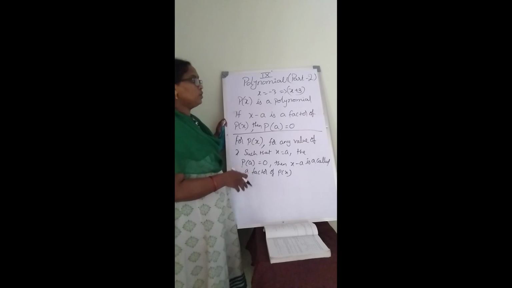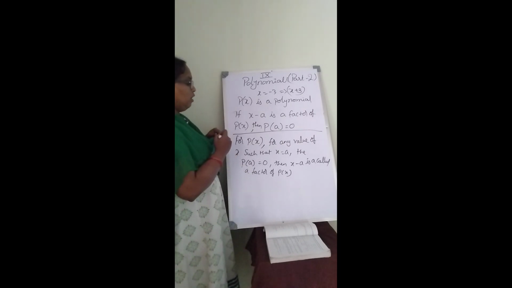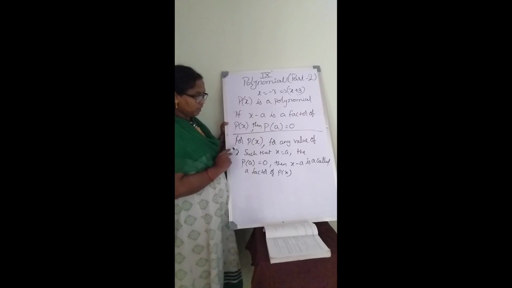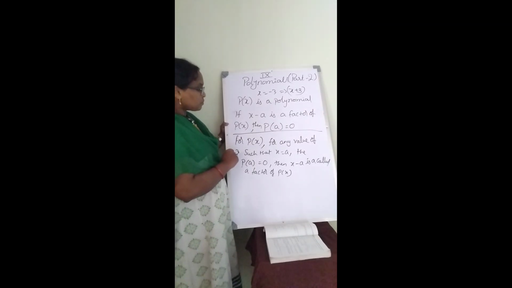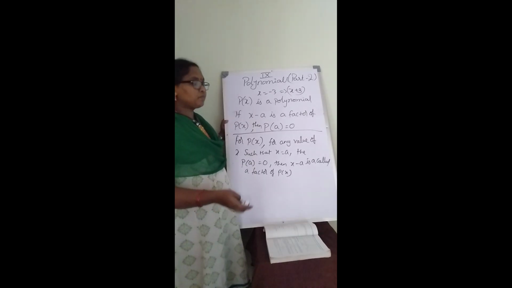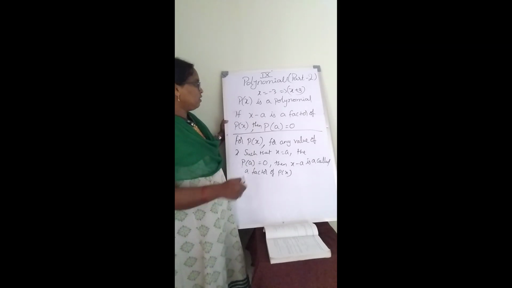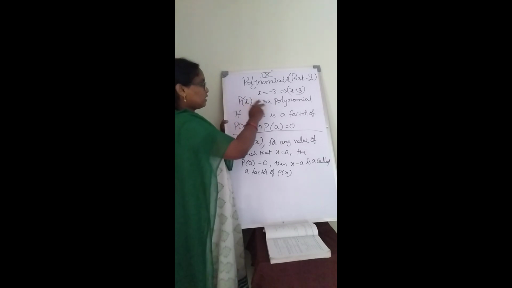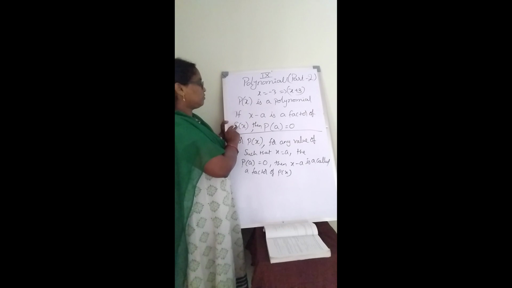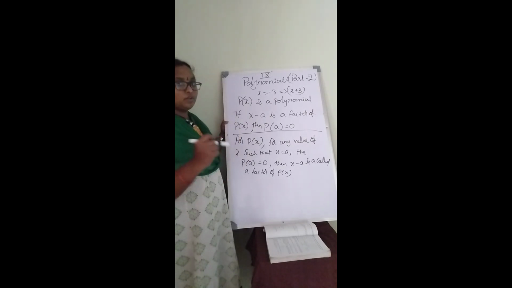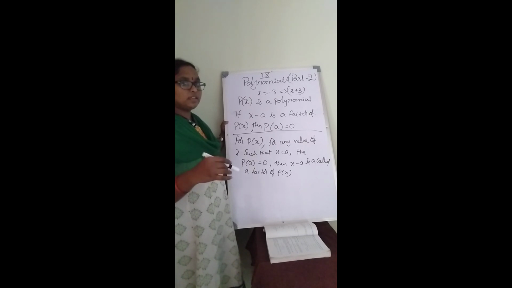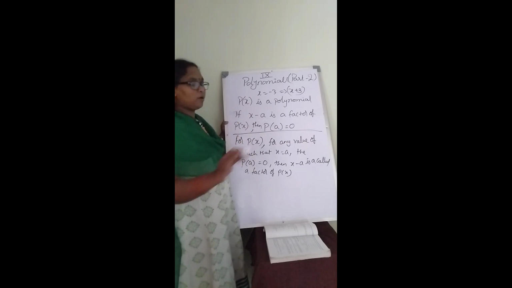We will do a few questions like that. Sometimes they will ask us to check a condition. Here we discussed the condition x is equal to minus 3. Now let us discuss this one. Check whether x plus 5 is a factor of the given polynomial or not.